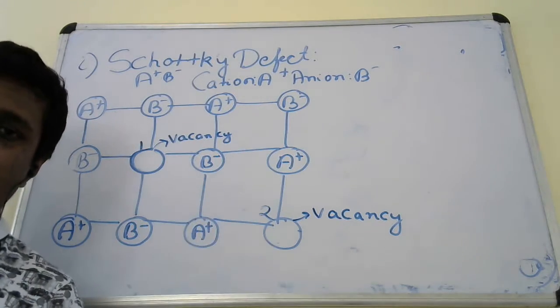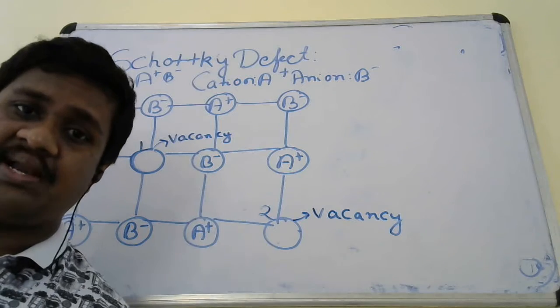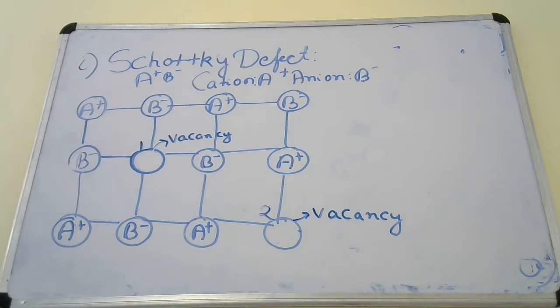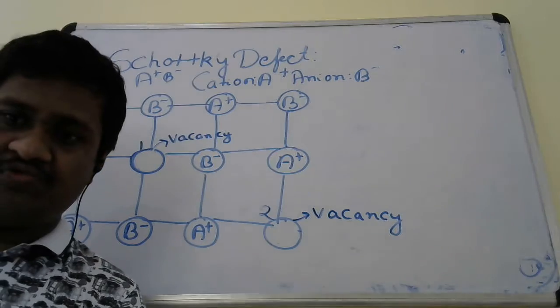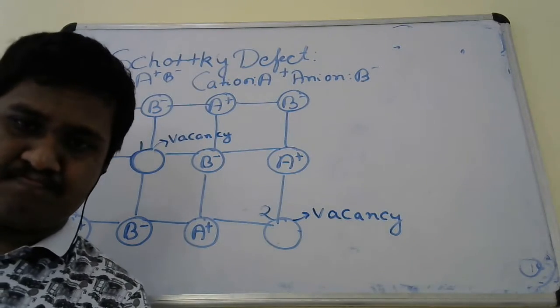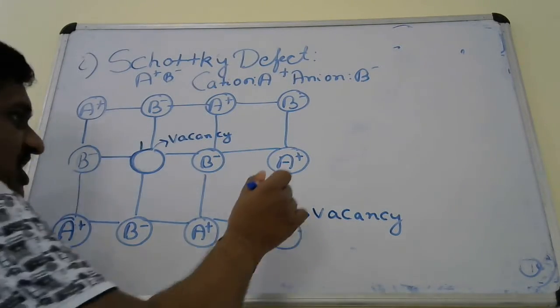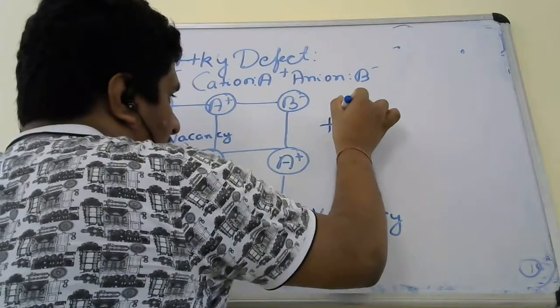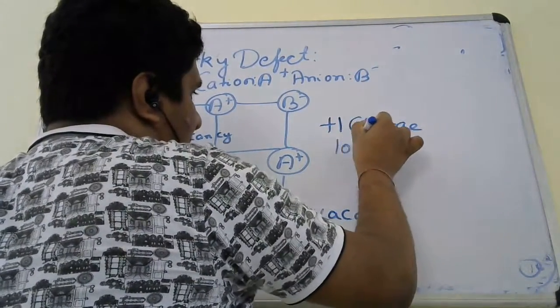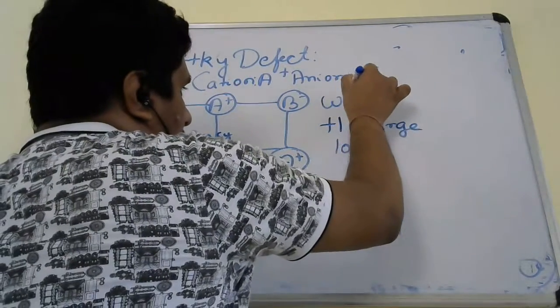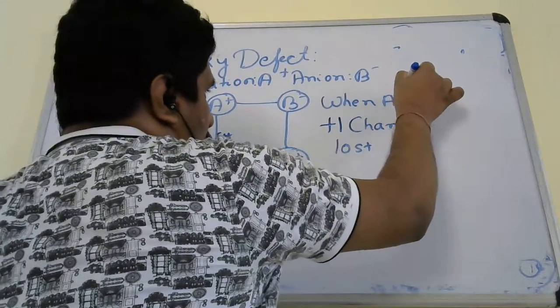Now what is the meaning of maintaining electrical neutrality? When we removed one cation, A plus, how much charge is lost? Plus 1 charge is lost, or not?